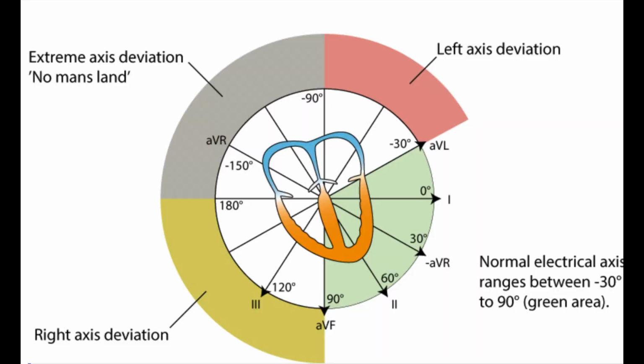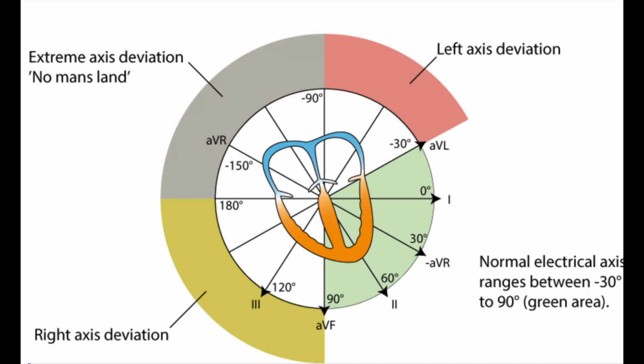The axis is a difficult concept to understand, but if you look at the heart and think of it as having a center here in the middle, and look at AVR, AVL, lead 1, lead 2, and the augmented lead AVF and also lead 3, we can calculate the general depolarization pattern from the base of the heart to the apex.